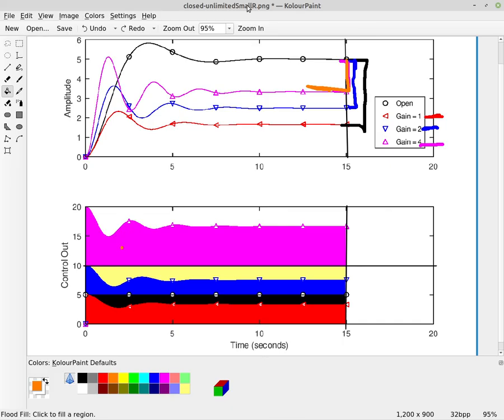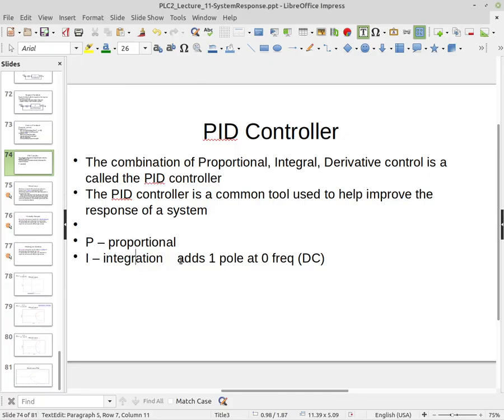So if you have enough ability in your control system, adding an integrator to your controller will drive the error to zero. What we like about integration is it drives the error to zero.